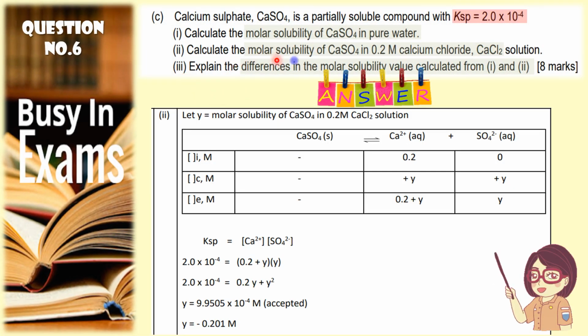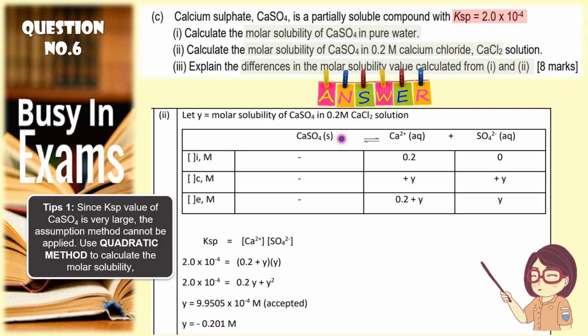Alright, next C2. Okay, you calculate the molar solubility in calcium chloride. For this question you also have to perform an ICE table. Start with the assumption, let Y be the molar solubility in 0.2 molar CaCl2, to differentiate between molar solubility in pure water and in the CaCl2 solution. Okay, alright, so for the initial concentration of Ca2 plus, we have the initial concentration which refers to the concentration of calcium chloride. Okay, because 1 mole of CaCl2 dissociates to give Ca2 plus and 2 moles of Cl minus ion.